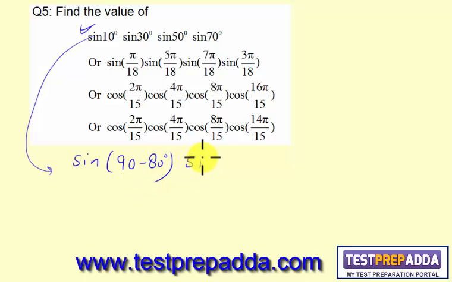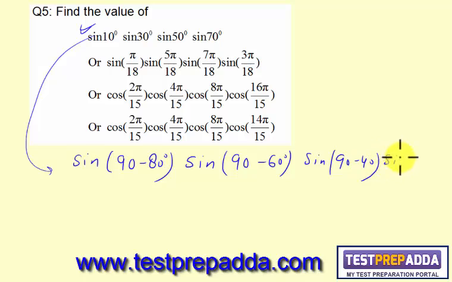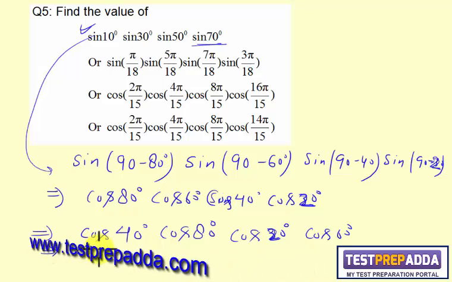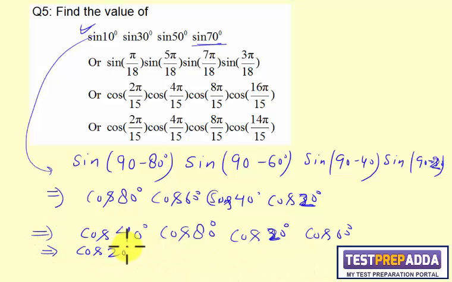And sin 30 degree as cos 60 degree, and sin 50 degree as cos 40 degree, and sin 70 as cos 20 degree. So if I arrange this in a correct manner, it becomes cos 20 degree, cos 40 degree, cos 80 degree, and then cos 60 degree.